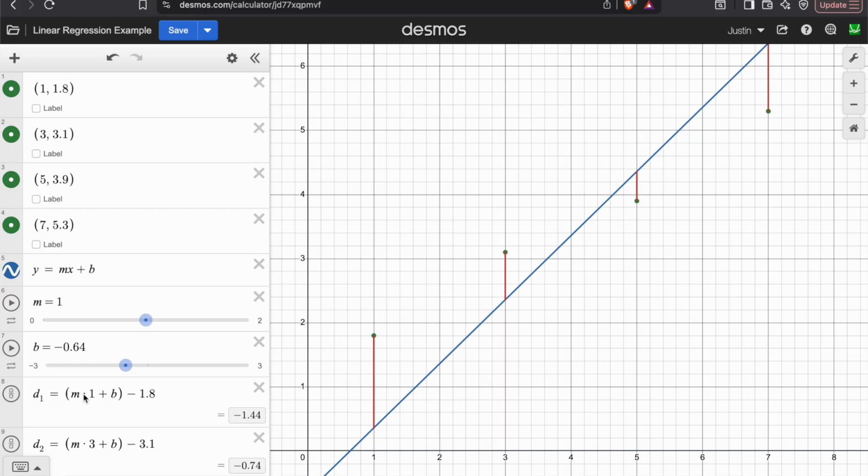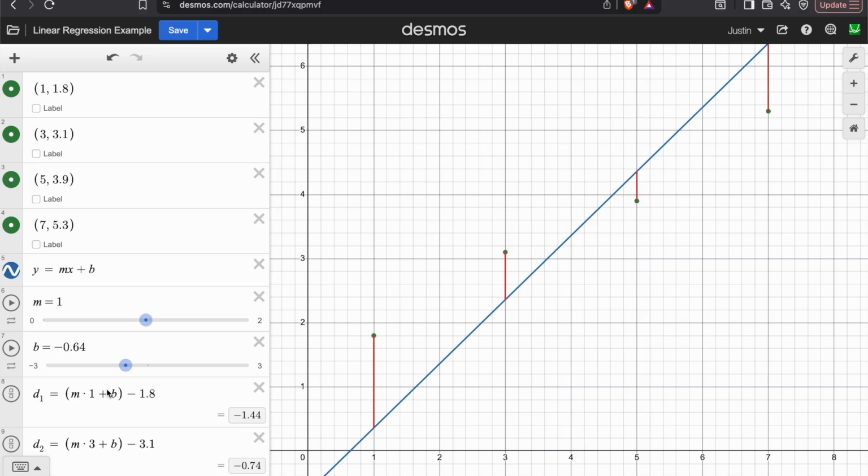What I've done is I've said, well, what is the value of the line here when x is equal to 1? Well, it's whatever it is when I plug a 1 in for x. So I have 1 times m plus b. That's the value there. And then what's the distance from that line to the actual point? Well, the actual point's value there is 1.8. So we take the line minus 1.8. Oh, but look, that's a negative number.